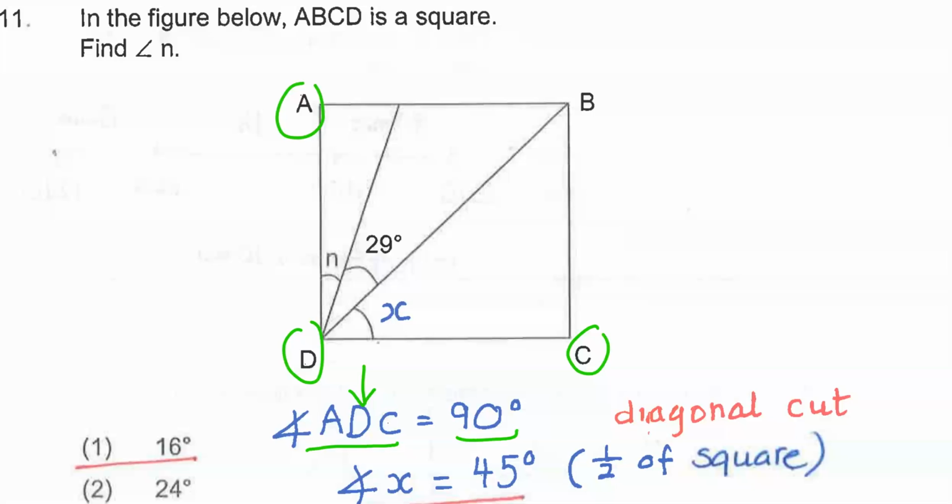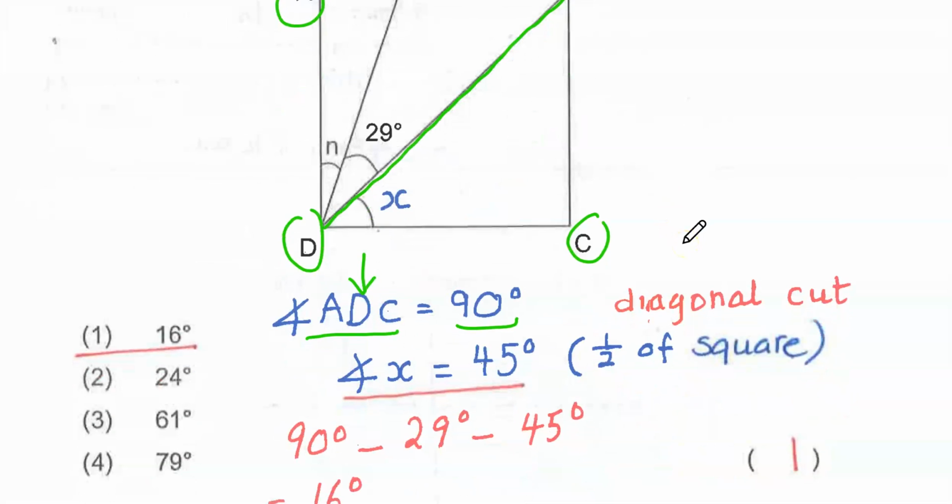Now, when I draw a line across diagonally, I'm dividing the square into 2 equal parts, because all sides are equal. So I'm cutting the 90 degrees into 2. Therefore, this angle X here is 45 degrees. It is half of angle ADC.